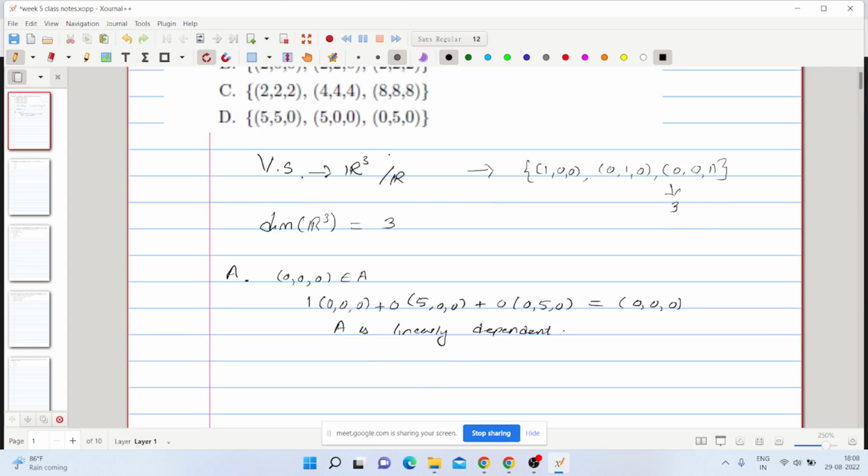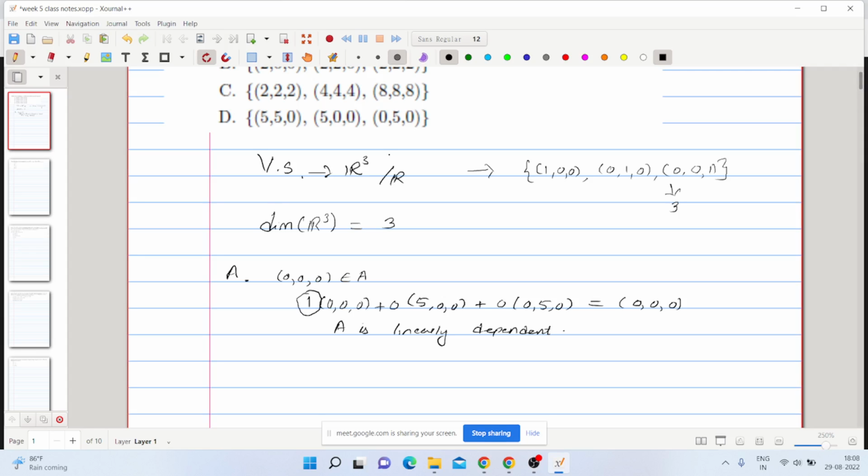I am taking a non-zero scalar. For the other two elements, I am multiplying with the scalar 0. If I take the sum, finally I will get (0,0,0). I am adding these three elements, so I get (0,0,0). So this expression means I have written a linear combination of these three elements where the first coefficient is non-zero.